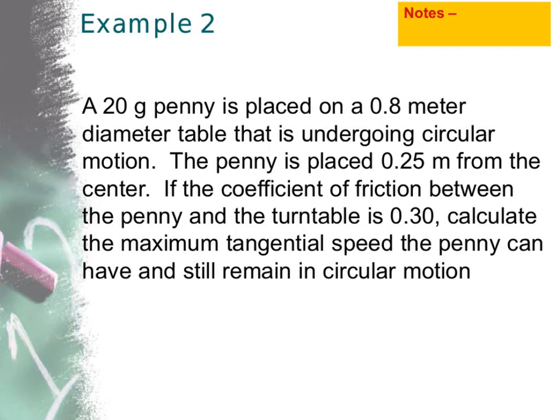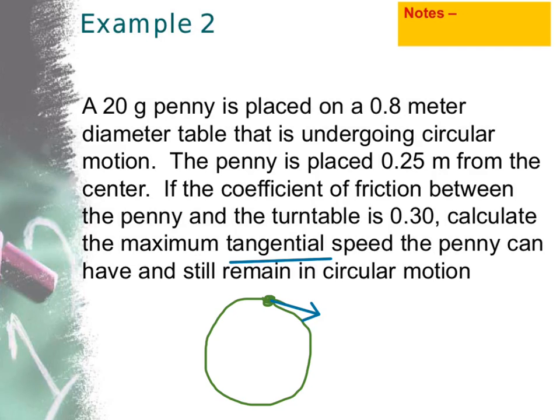Now, this word tangential might be unfamiliar to you, but what does it look like? It looks like the word tangent. So, if we have something in circular motion, the velocity of an object going through circular motion is going to be tangential to the circle itself.